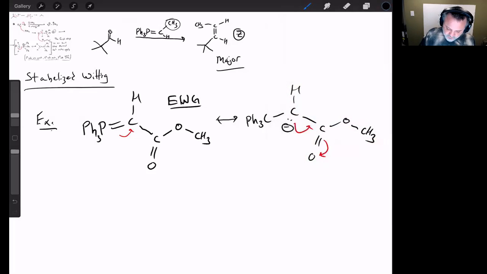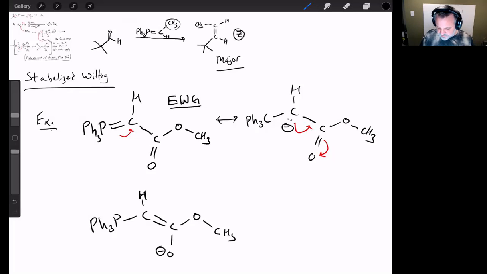So the first two are the normal resonance structures that we would show for a Wittig reagent. But I've also now got this double bond characteristic here. You're seeing the electrons withdrawn away from the nucleophilic carbon.